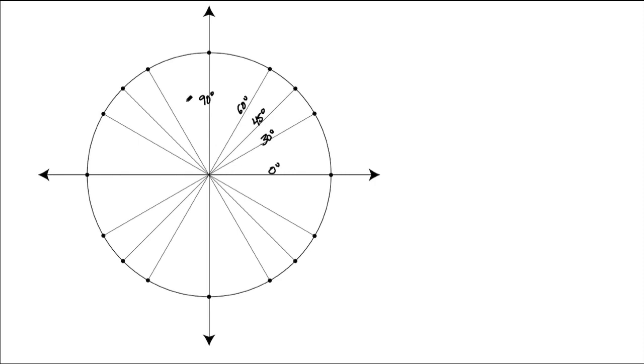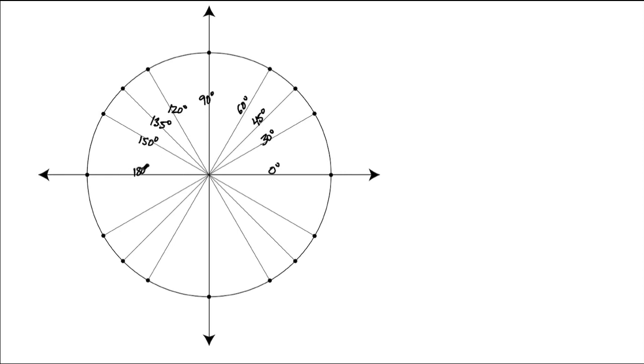90 plus another 30 is 120. So 120 degrees. And then keep going, and we get 135 degrees. That's a 90 plus a 45. And then a 90 plus a 60 is 150 degrees. Of course we know that a half revolution is 180 degrees.